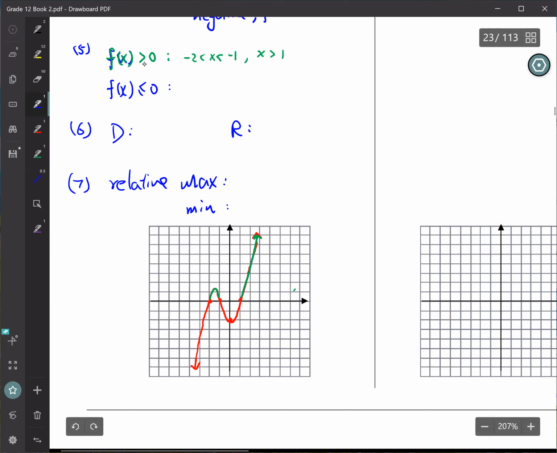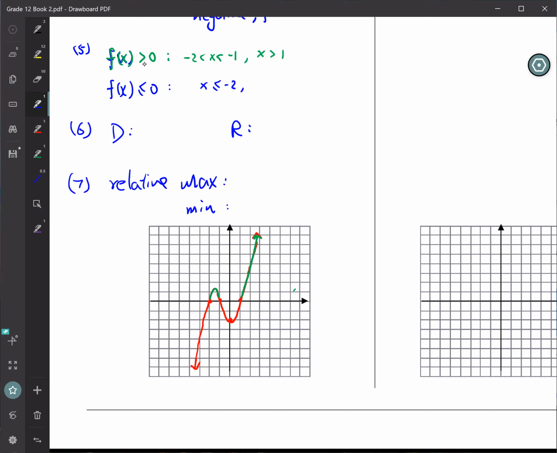Okay, next part is less than or equal to 0. Donna, do you have the answer for the less than or equal to 0? x less than or equal to -2. Good.